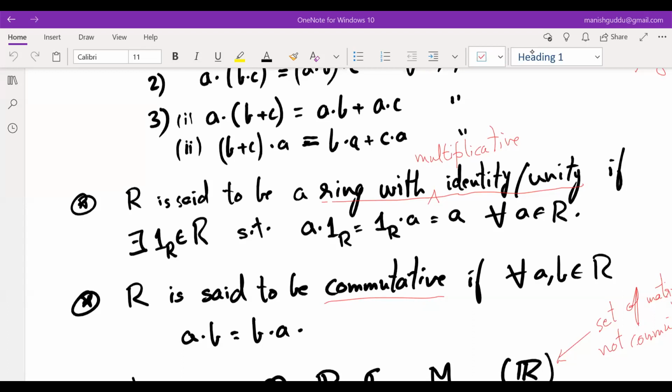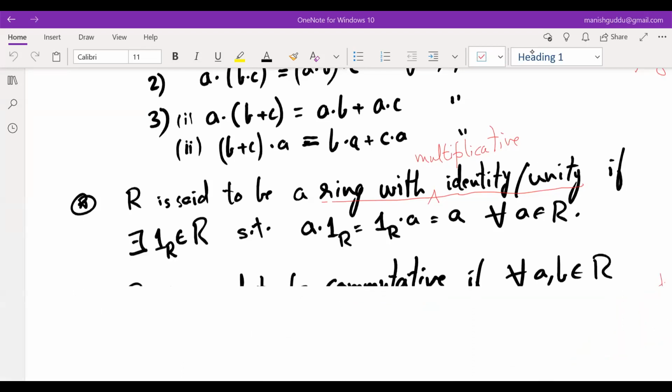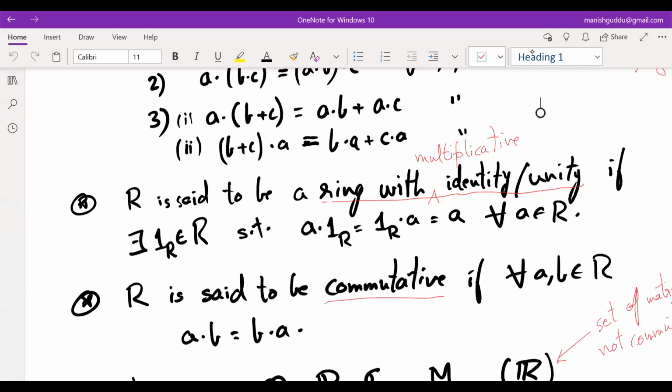Let me just see. There is some problem maybe. Now, can someone speak? I don't know why I can't. Yes, we can hear. I think my computer was muted. Sorry about that. Okay, good.